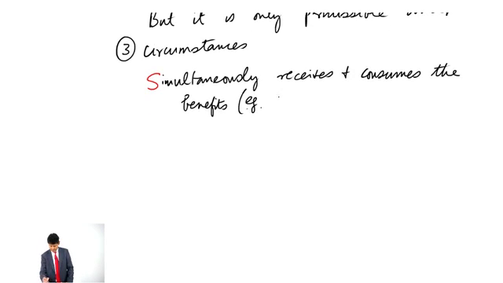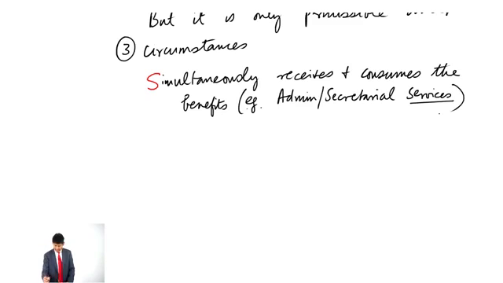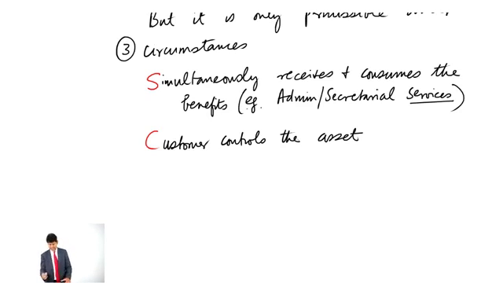So that's a good example. E.g., admin secretarial services. The big word is services. The other little letter I'd like to remember is the customer controls the asset. This is obviously going back to a bridge, that kind of thing.